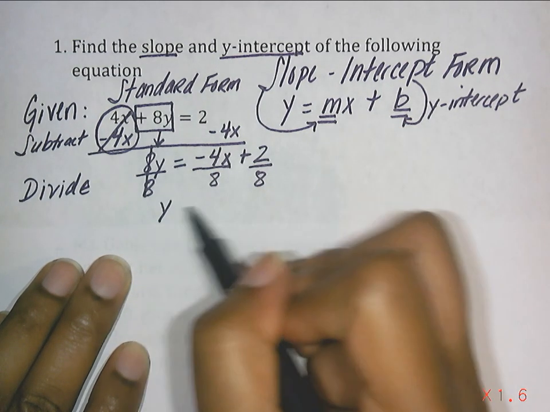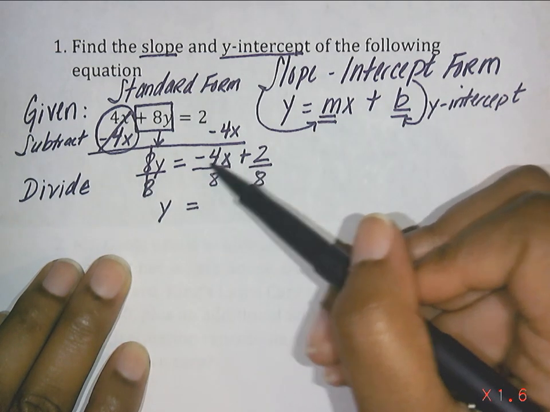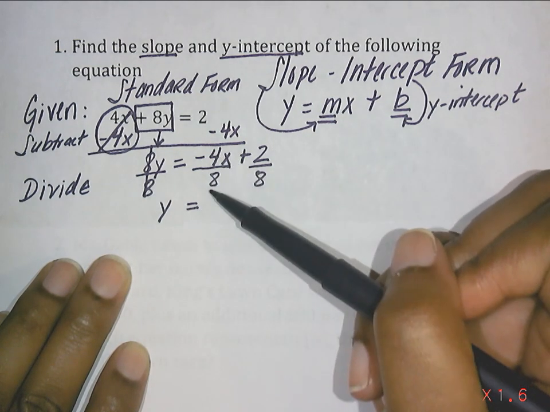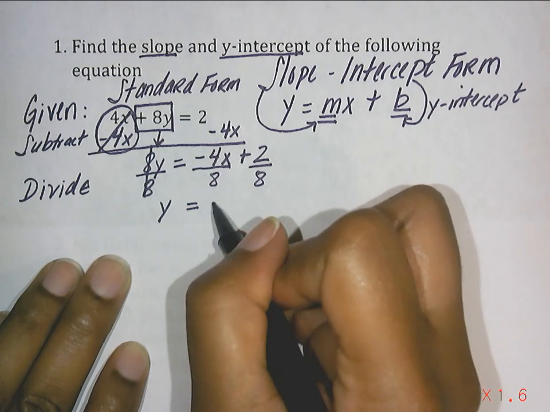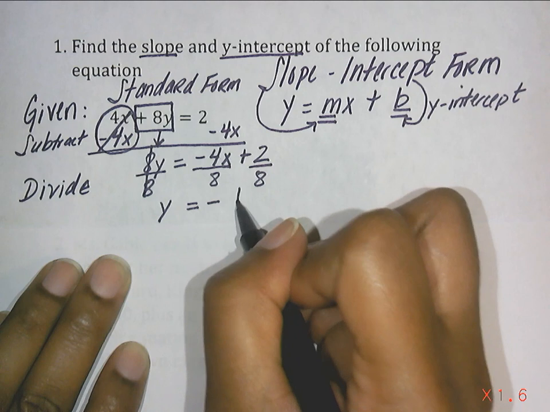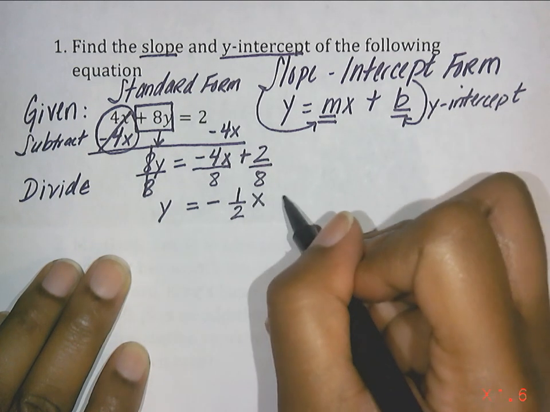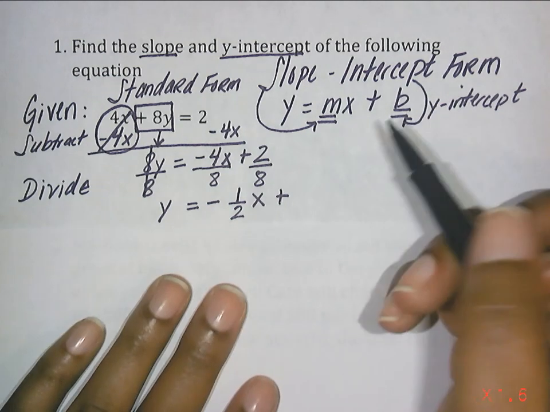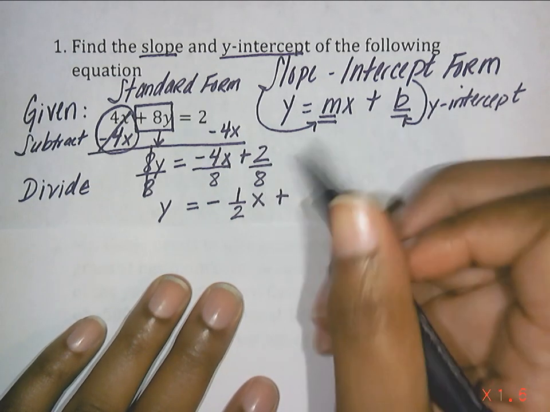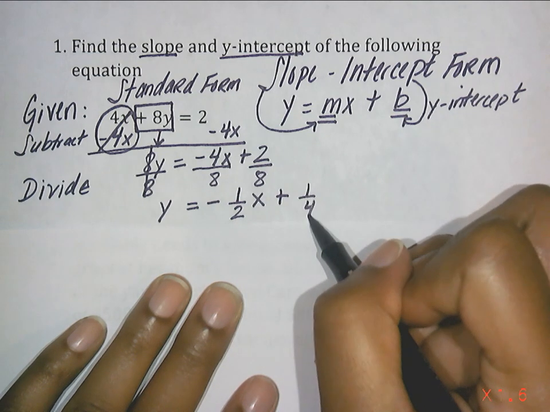That leaves us with y equals, I'm going to simplify this, a negative 4 divided by 8. 4 can divide into 4 and 4 can divide into 8, so I'm going to have a negative half. Don't forget your x. Plus, I got two fractions here. 2 over 8 can be reduced by 2 to get 1/4.